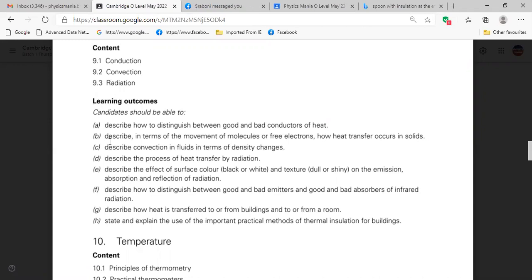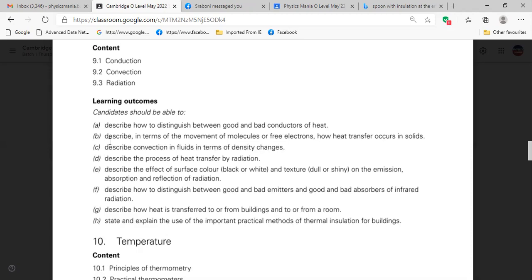Especially for metals, they have free electrons. Apart from vibrating the molecules and transferring energy to the next molecules, we have free electrons in metals which are free to move on the surface of the metal, and they are carrying energy also, right? So in metals, we have two factors in the motion of energy.